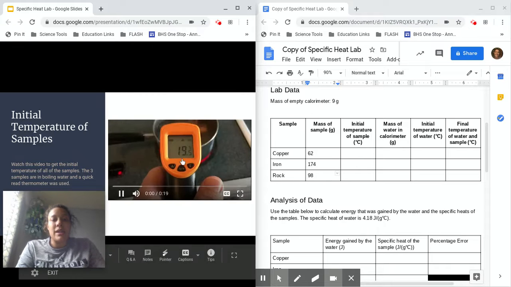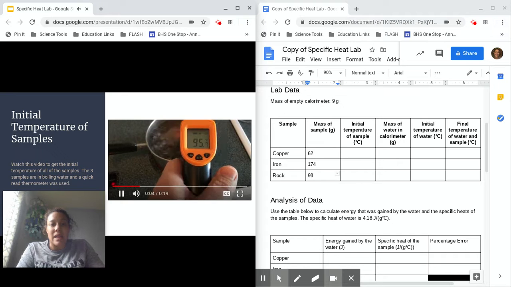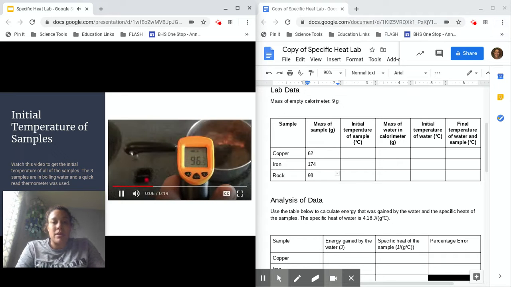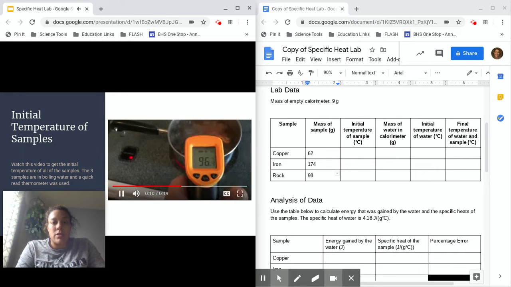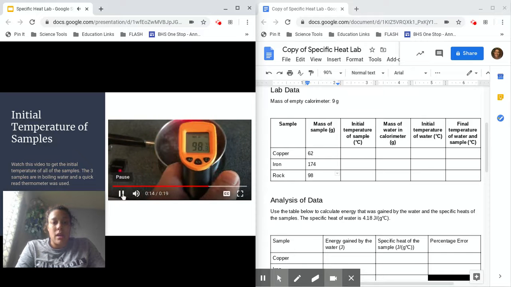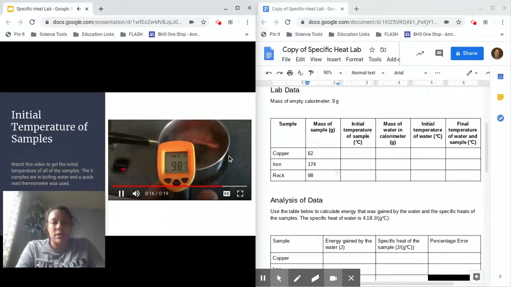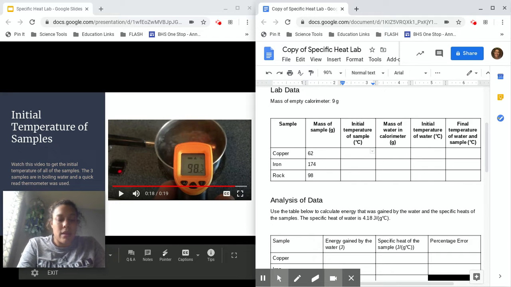In order to heat up our samples to be real hot, they were all plopped in this boiling pot of water, and then all of their temperatures are going to reach the same point, which is about here. This is what I used, and I know it beeps in a second. I'm just going to go with my numbers that I used initially.